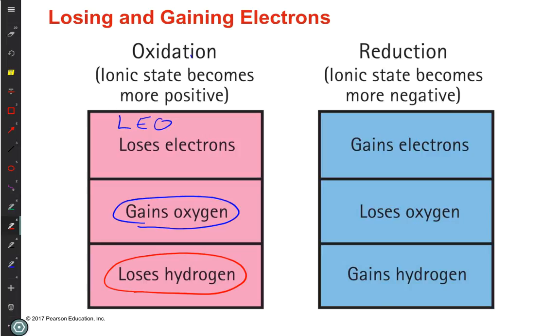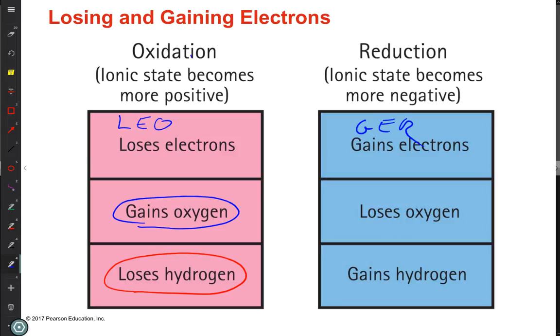And then we have the reducing reactions that are just the mirrors of those. So the mirror of lose electrons is gain electrons, the GER. And instead of gaining oxygen, we lose oxygen. Instead of losing hydrogen, we gain hydrogen. So now we actually see there is a relationship between our acids and bases and reduction and oxidation.